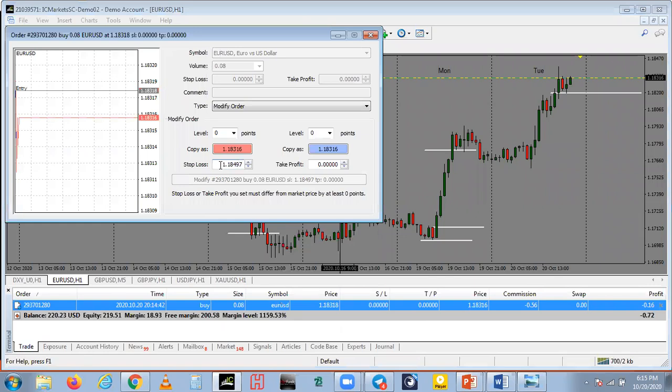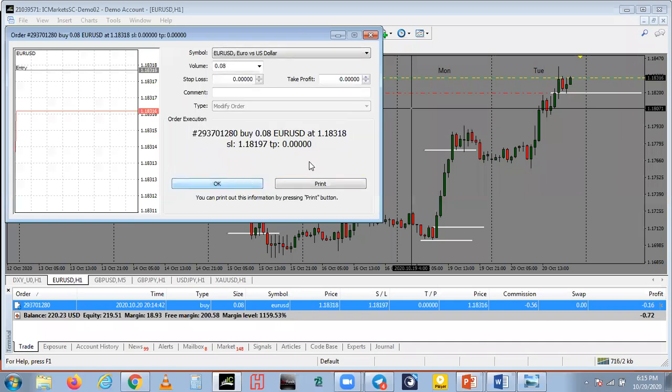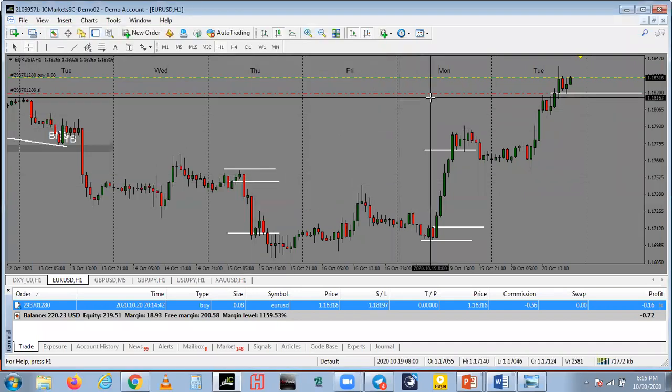Is that what we said? Let me see. 1.18197. Sorry. 197. Okay. So after you put that there, then you click on this one, bam, then you can see the stop loss is below it now.